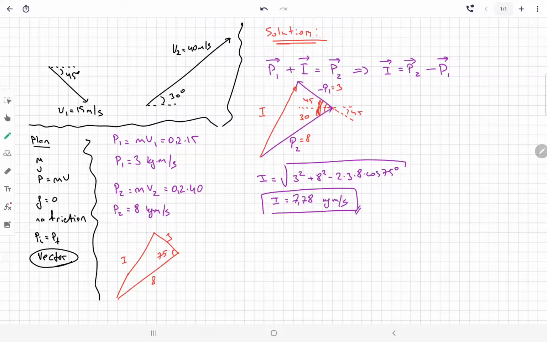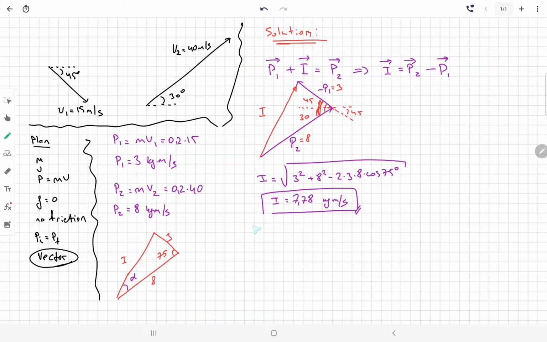But this information is not enough, as you know, because impulse is a vector. So we should find its exact direction. For this reason, I think we can find this angle, first of all, in order to describe its direction. Here we can apply the sine theorem from geometry.